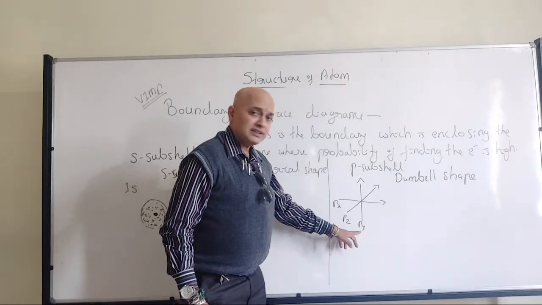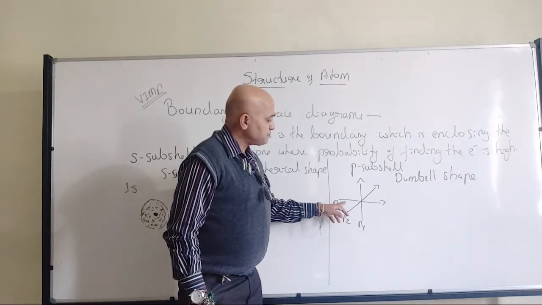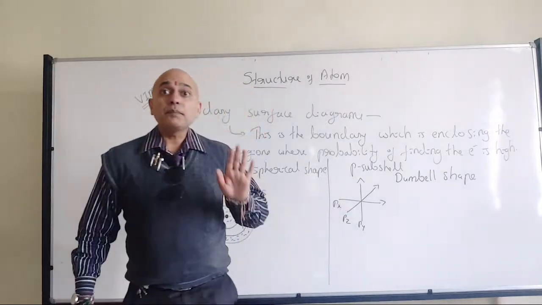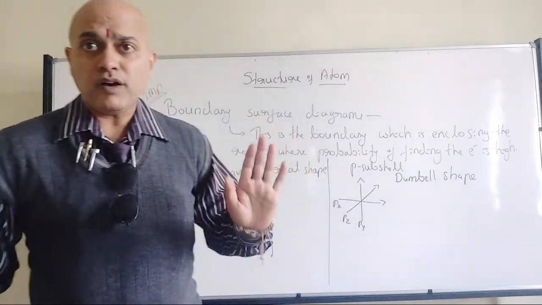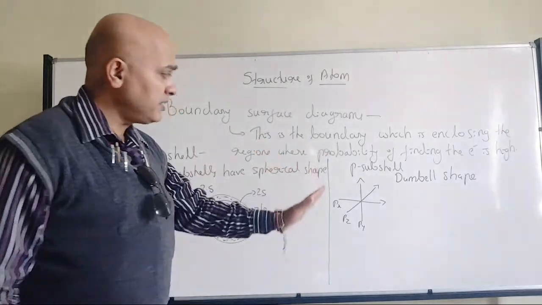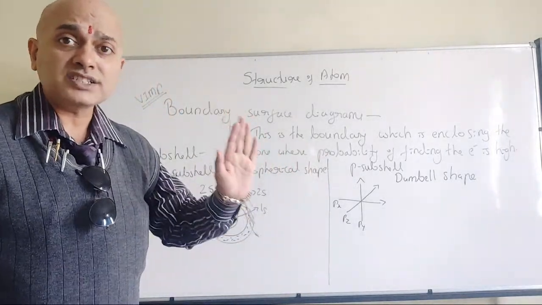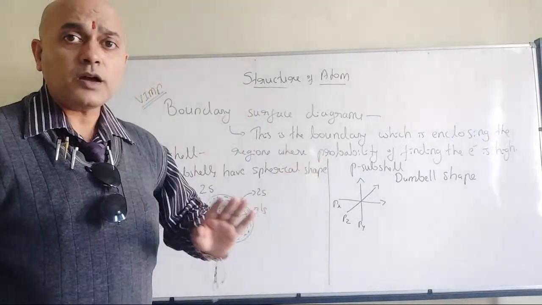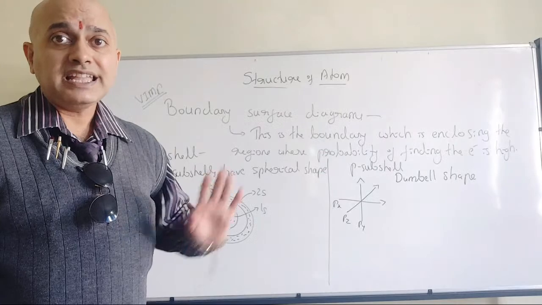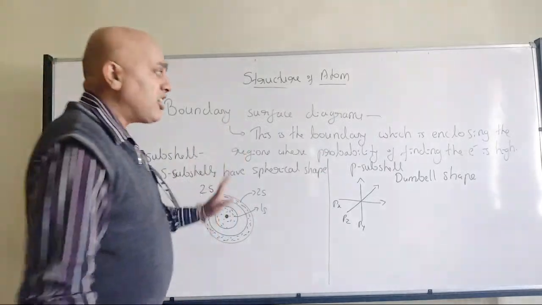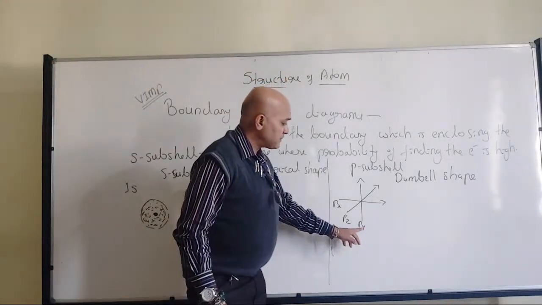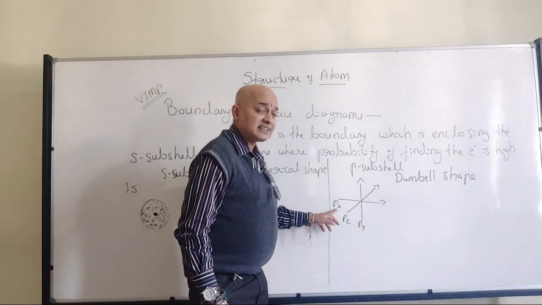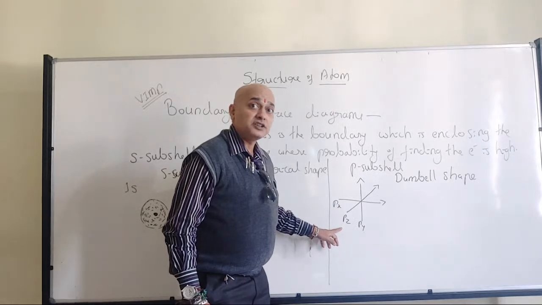You can take this one as px, this one as py, this one as pz, or you can interchange the axes, but maintain a constant form. For all the 3 orbitals, you have to maintain the constant axis. Don't change from one orbital to another. Keep it constant. It's not compulsory that I represent this one as y only, this one as x only and this one as z only.